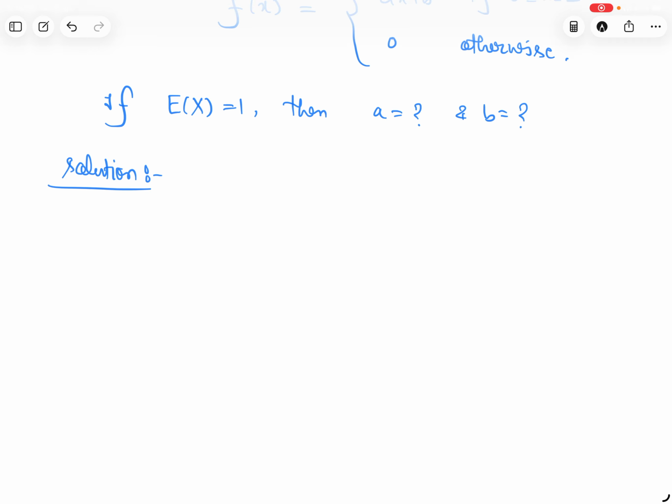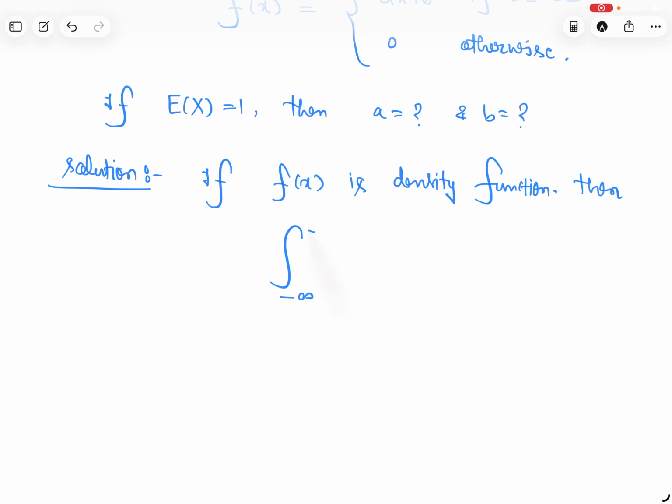Now, we know that if f(x) is a density function, then the integration from minus infinity to plus infinity of f(x) dx will be equal to 1.